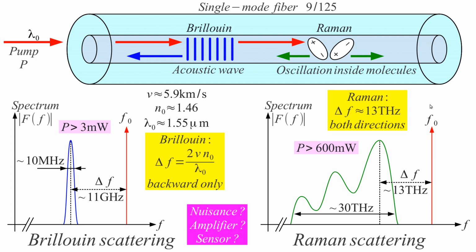On the other hand, Raman scattering only happens at very high powers, but it's very broadband. It happens in both directions, so we can make a Raman amplifier, a laser amplifier, shifted around 13 terahertz below our pump frequency. And here we can make an amplifier provided that we have enough power, 600 milliwatts.